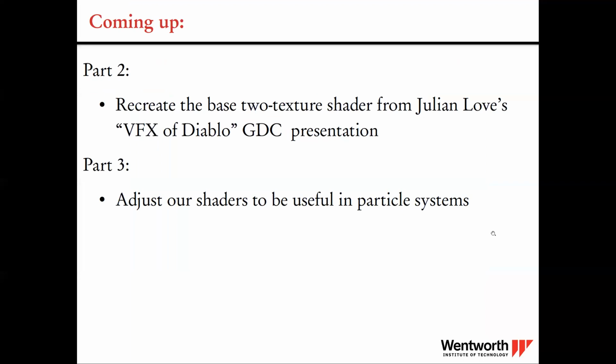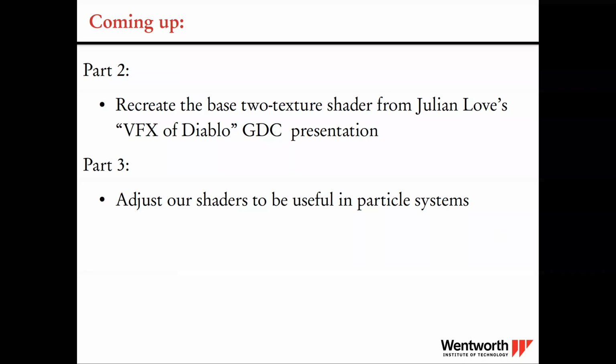All right, so that's basically it for today. I was hoping to run just about an hour, so that looks like it's about what it is. So part two is basically creating a two texture shader from Julian Love's VFX of Diablo presentation, and part three is going to be adjusting the shaders so that they can be used in particle systems.